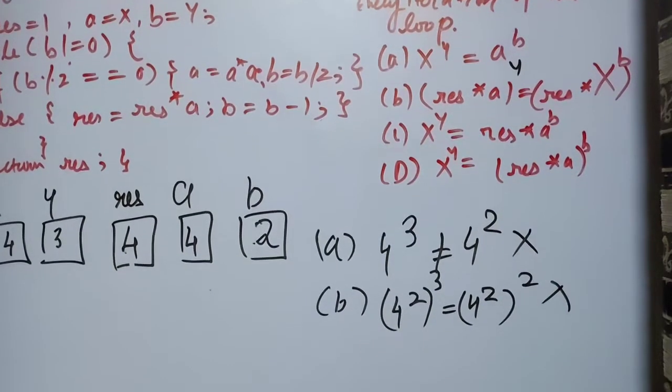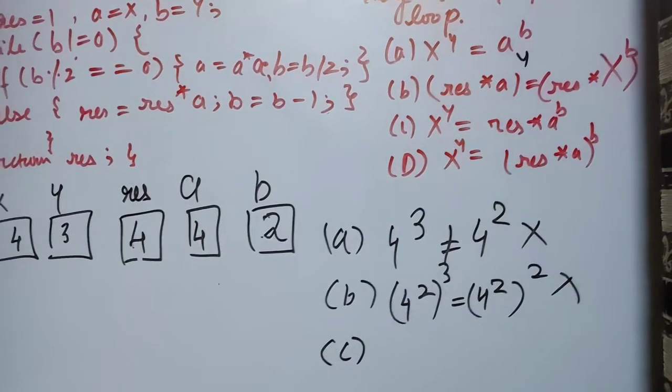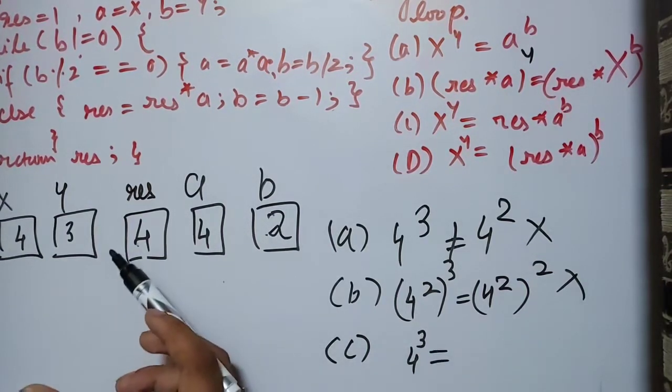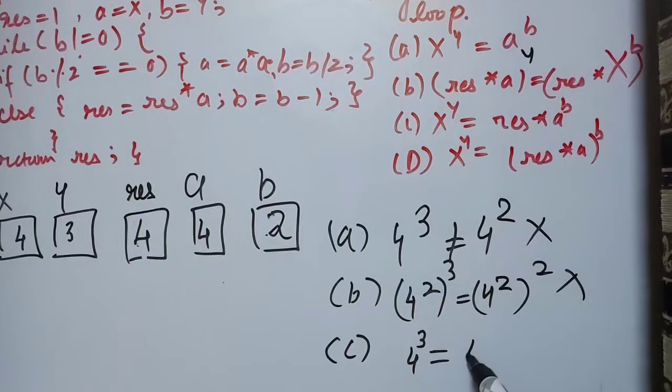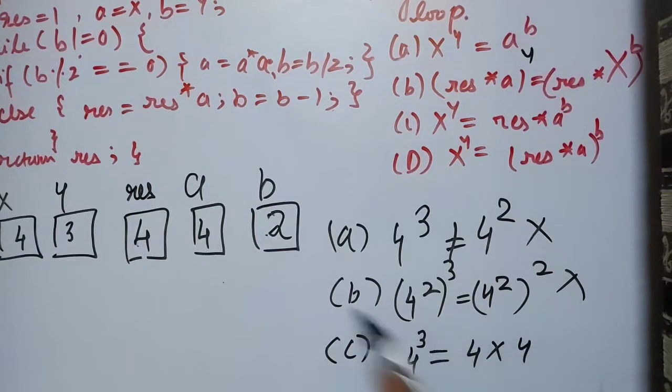Now we will come to option C. Option C says that x to the power y, we know that x is 4, so x to the power y is 4 cube, y is 3. Is it equal to result, which we know is 4, so 4 into a, which is 4, to the power b, which is 2?